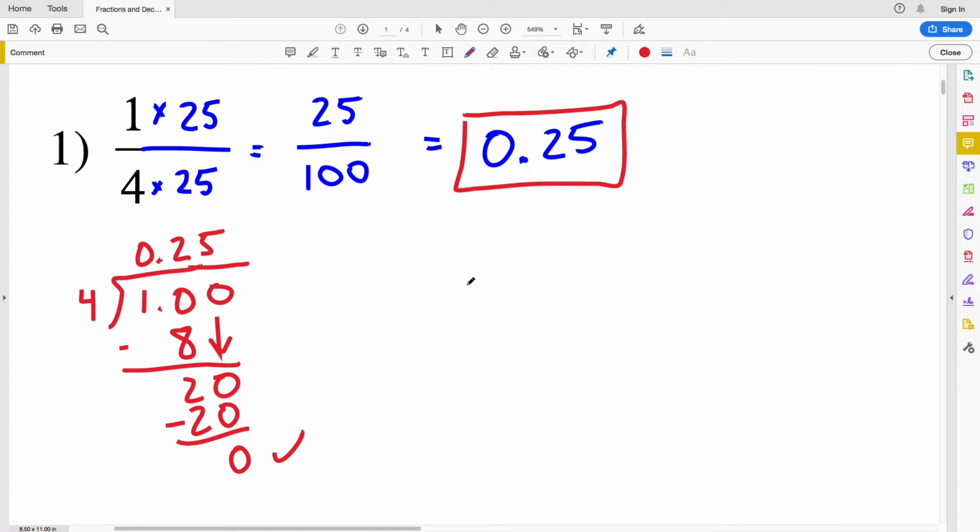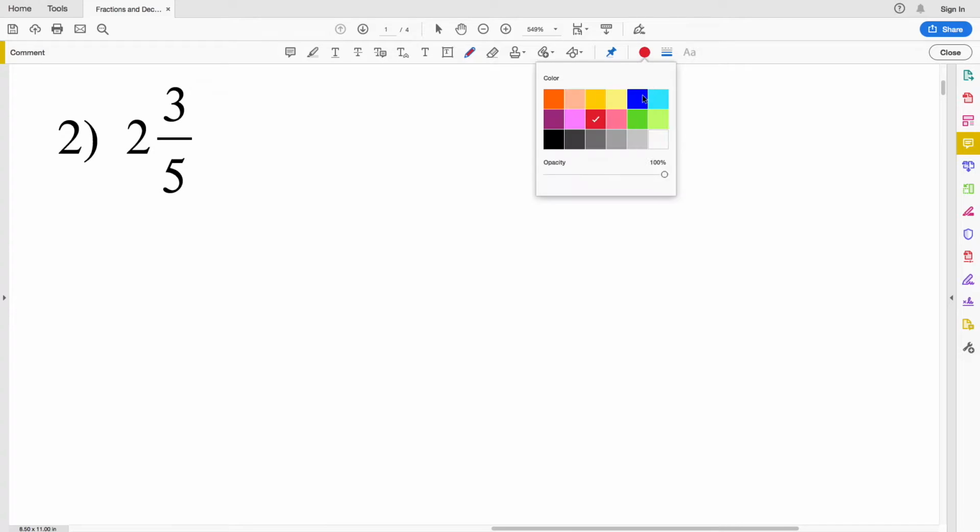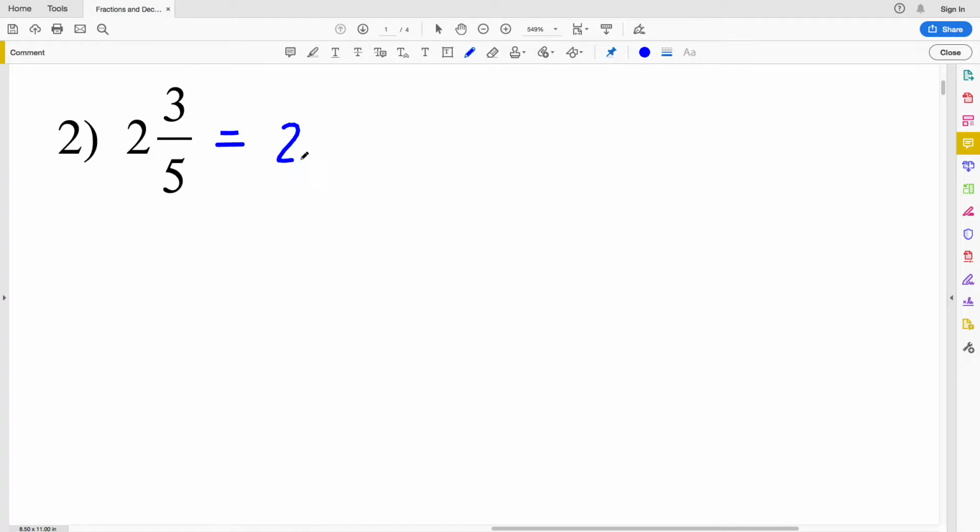But let's move on to number 2. In number 2, we have 2 and 3/5. We can think of this as 2 plus 3/5, because 2 plus 3/5 is 2 and 3/5. Now I'll just need to rewrite our fraction 3/5 in decimal form. So this will be 2 point, or 2 and some decimal that I'm going to figure out. Now, lucky enough for us, 5 goes evenly into 10.